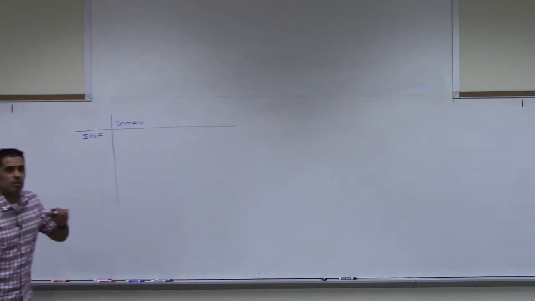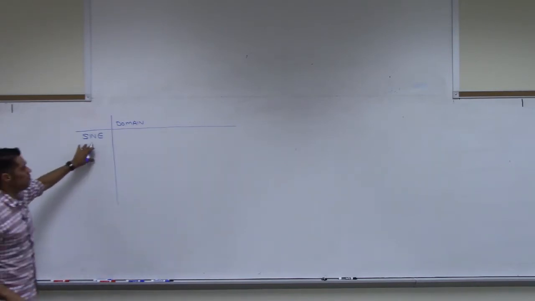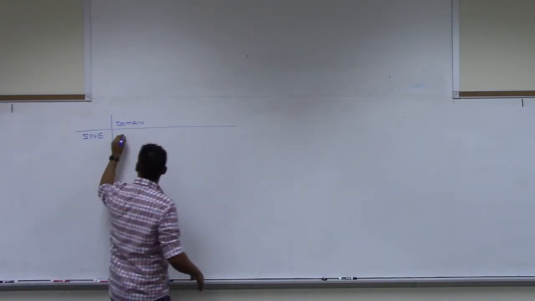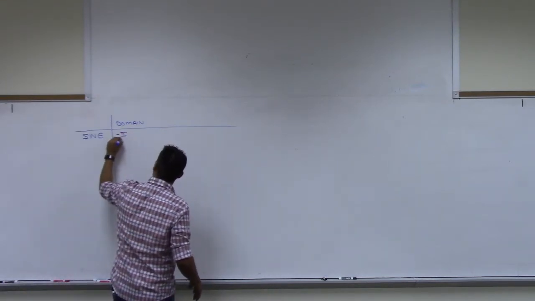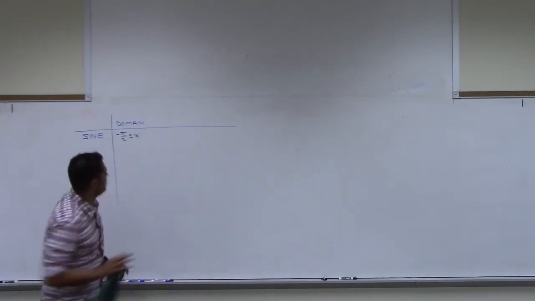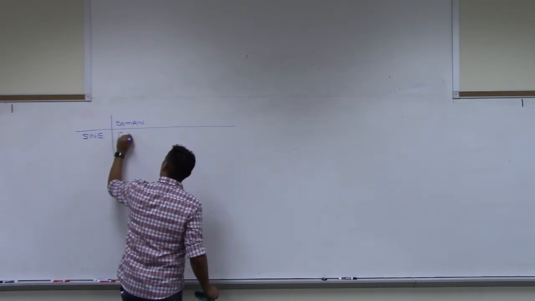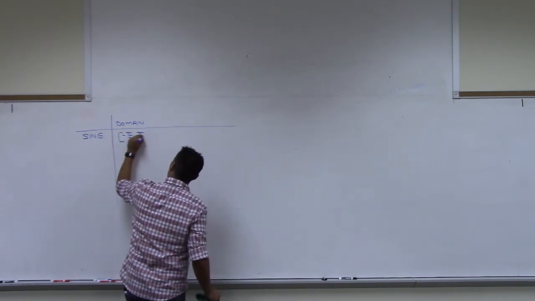What I want you to think about is, when we restrict things with the arc sine, what is our domain restriction going to be? Let me do it with an interval: negative pi over 2 to pi over 2.